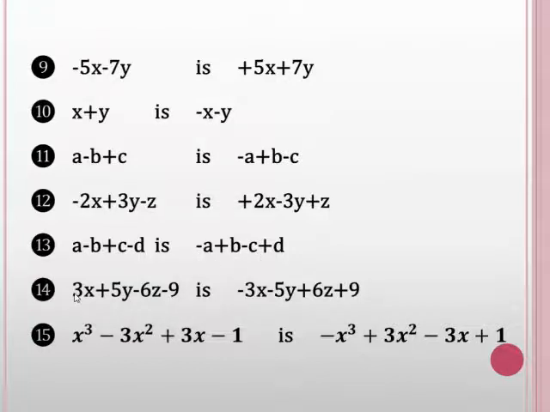The additive inverse of 3x plus 5y minus 6z minus 9 is minus 3x minus 5y plus 6z plus 9. The additive inverse of x cube minus 3x square plus 3x minus 1 is minus x cube plus 3x square minus 3x plus 1.